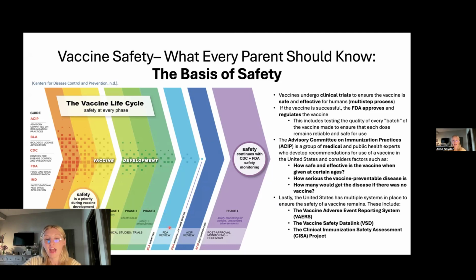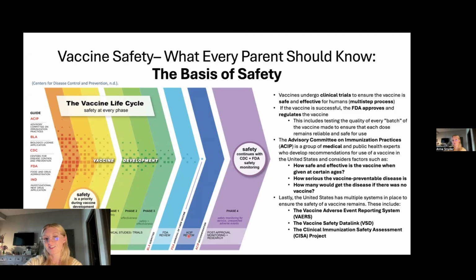So after the FDA approves the clinical trials and starts regulating the vaccine, then the ACIP, which is the Advisory Committee on Immunization Practices, which is a group of medical and public health experts, they will develop recommendations for the vaccine. And they look at questions such as how safe and effective is the vaccine when given at certain ages.